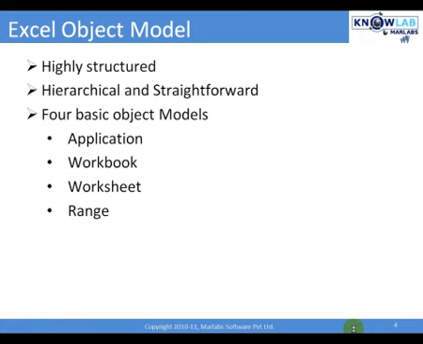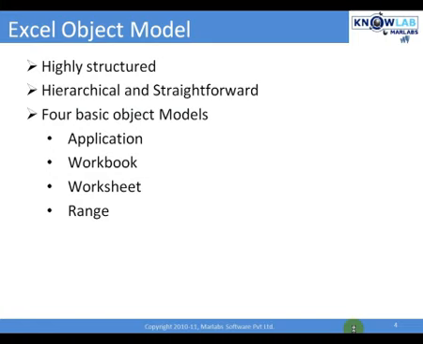Before getting into Excel programming, we should have some basic knowledge of the Excel object model. The data in an Excel document is highly structured and the object model is hierarchical and straightforward. Excel provides hundreds of objects with which you might want to interact, but you can get a good start on the object model by focusing on a very small subset of the available objects.